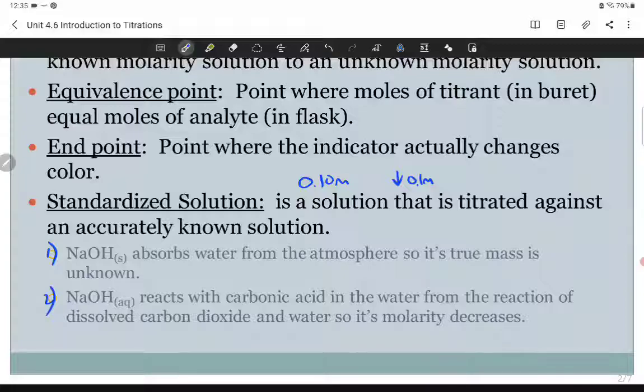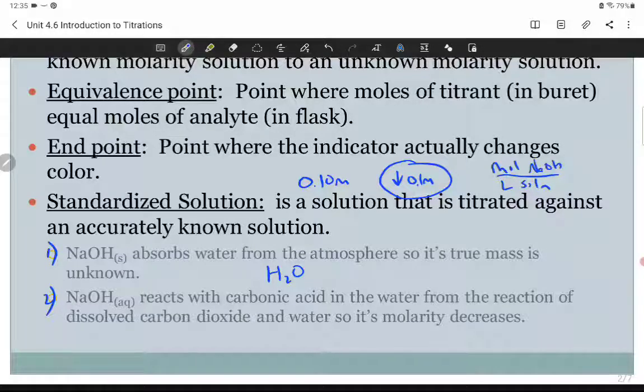And that's one respect of why you're going to have a lower molarity than you should, because remember, molarity is moles, in this case moles of sodium hydroxide, divided by liters of solution. So you're actually going to have less moles of sodium hydroxide than you thought because some of it is actually water.